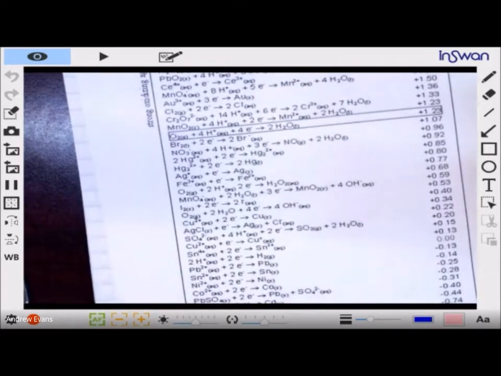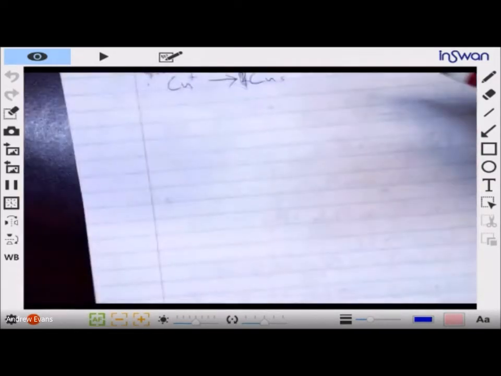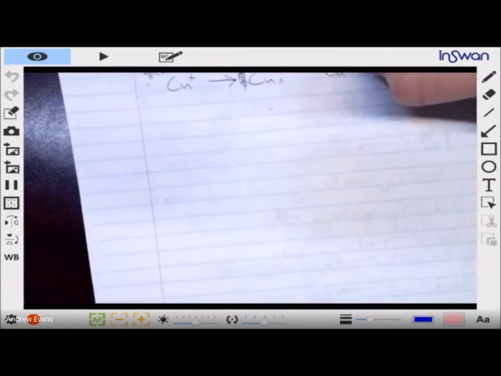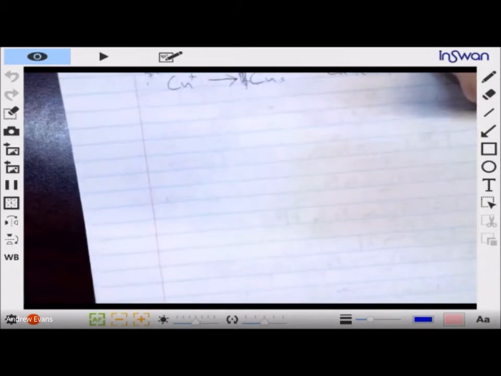I have it on a different table. Cu+ to copper solid is 0.521. So we'll just use that.